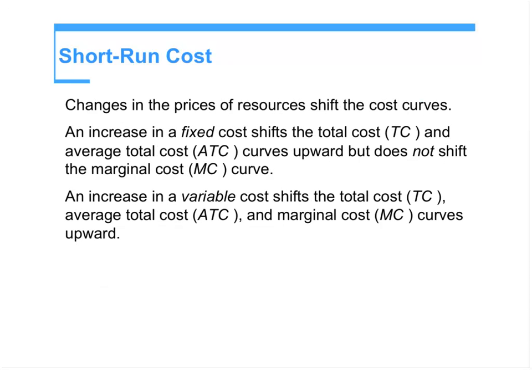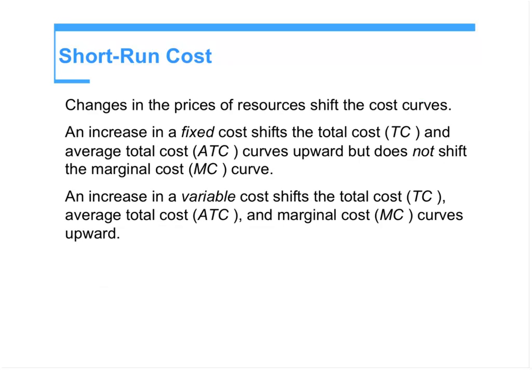Changes in the prices of resources shift the cost curves also. So an increase in the fixed cost shifts the total cost and the average total cost curves upward, but does not shift the marginal cost. The marginal cost is just the extra cost you incur for extra output.